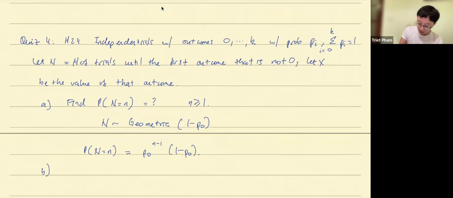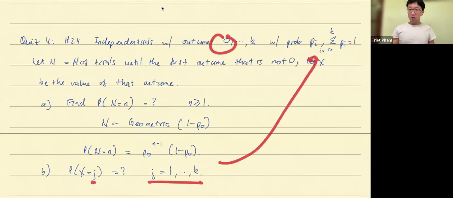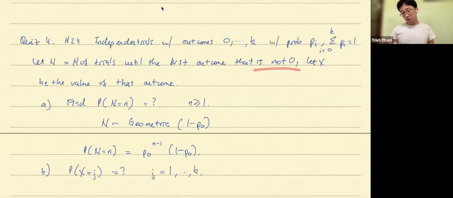Question B: find the probability that X equals j, for j from 1 to K. Notice the possible values of j do not include 0, because X is the value of the first outcome that is not 0. So what is it?